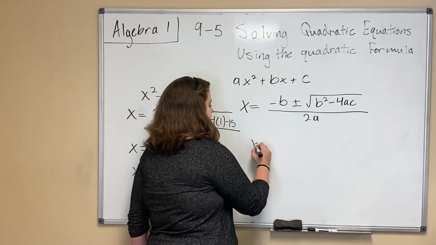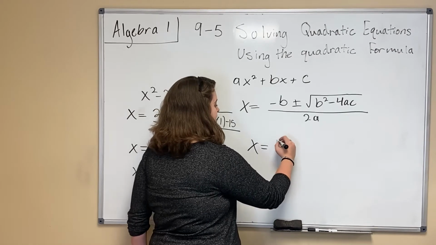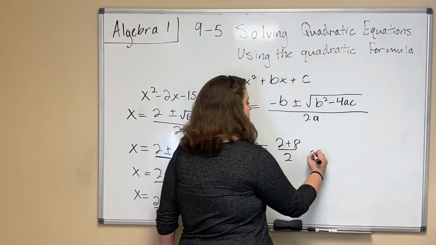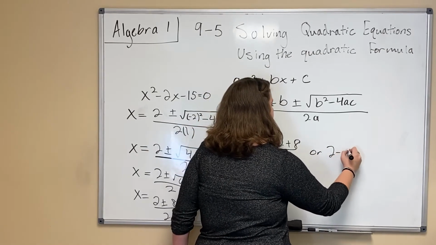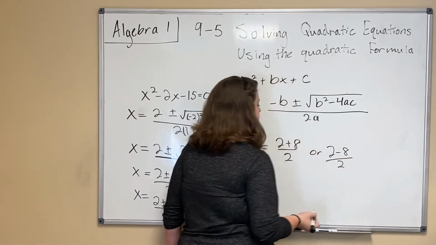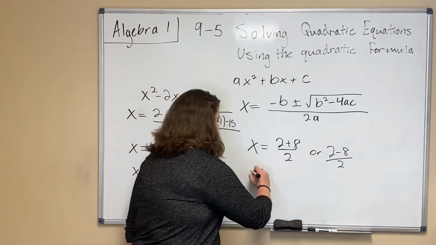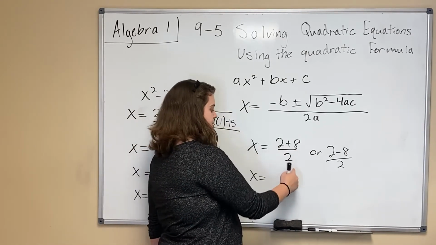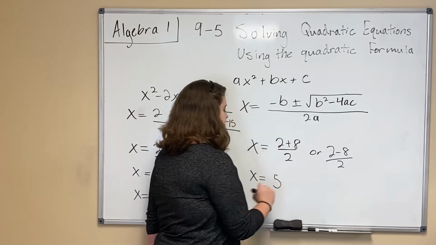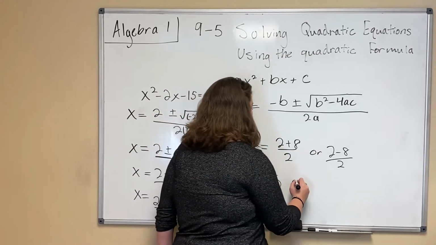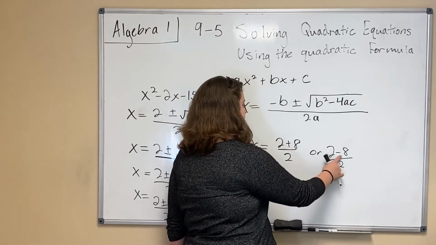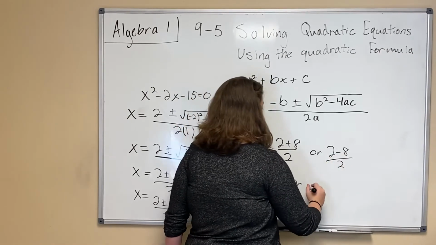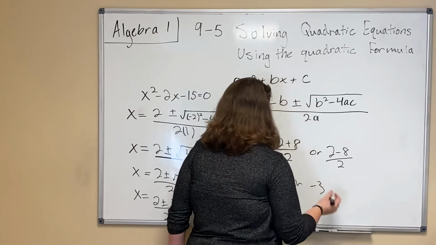So x equals 2 plus 8 is 10 divided by 2 is 5, or x equals 2 minus 8, which is negative 6 over 2, which is negative 3.